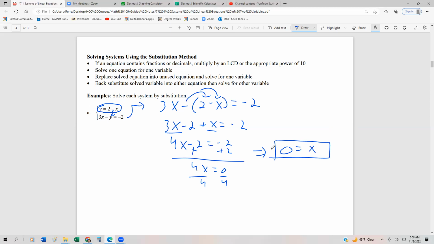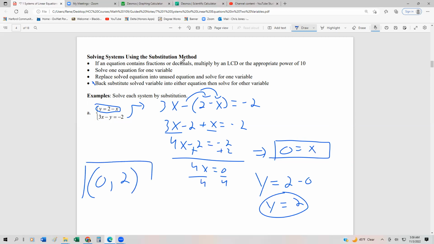That's only half of the solution, because now we have to back substitute the solved variable. We can do that all the way back up here where we have y equals 2 minus 0, or y equals 2. And so our solution is the ordered pair (0, 2).